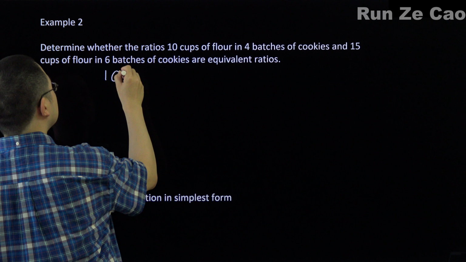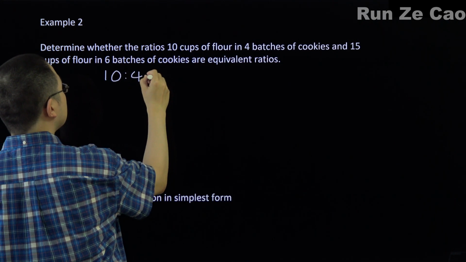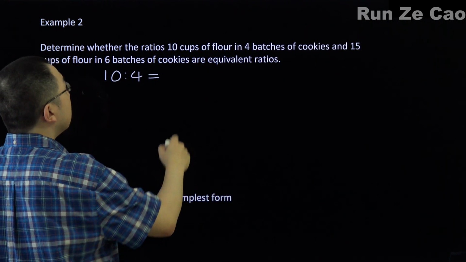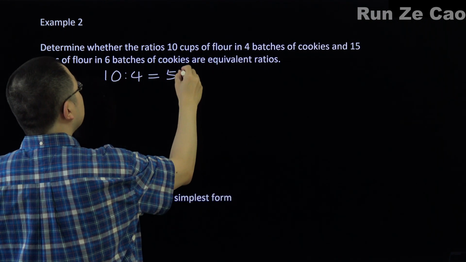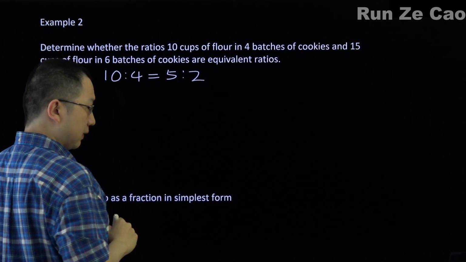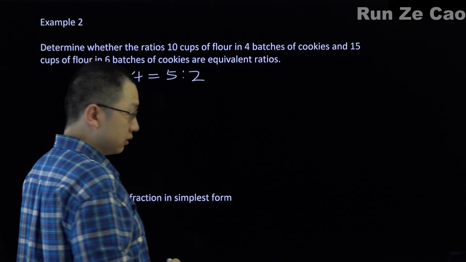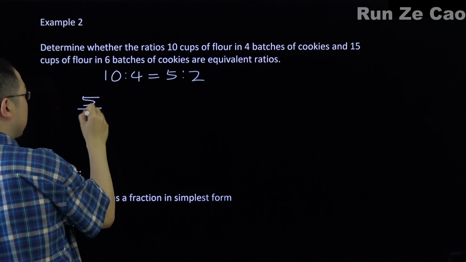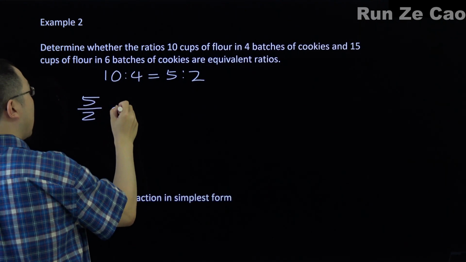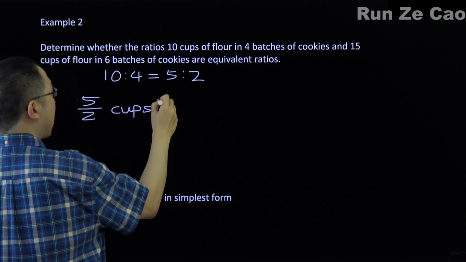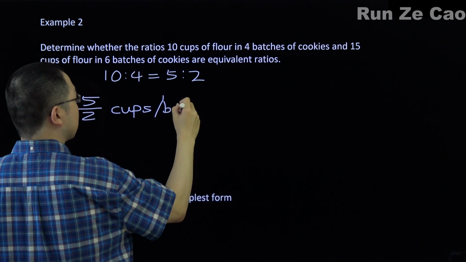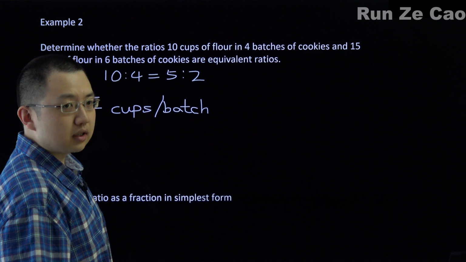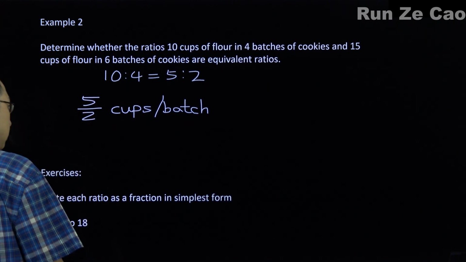Well, 10 to 4 is equal to 5 to 2. Now there are actually units here. You would end up with 5 over 2 cups per batch, because the units here are different. They don't cancel out. It's not unitless.